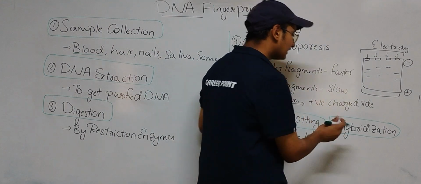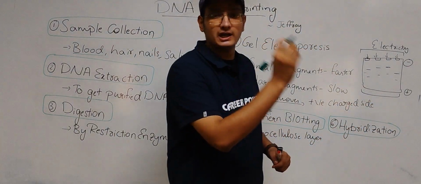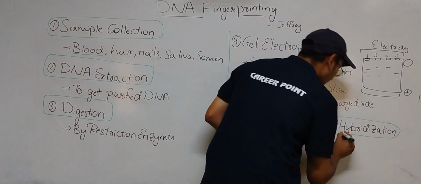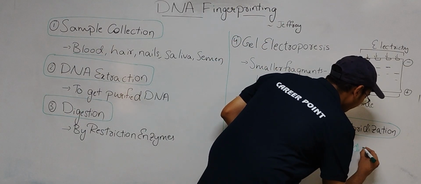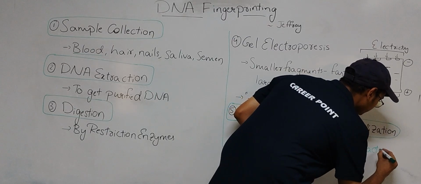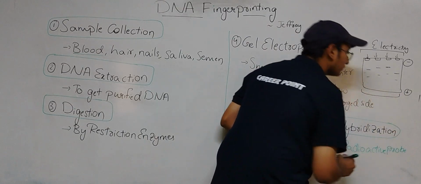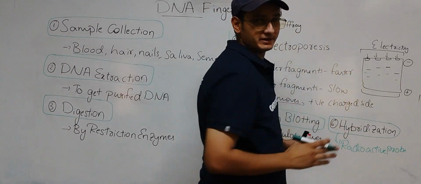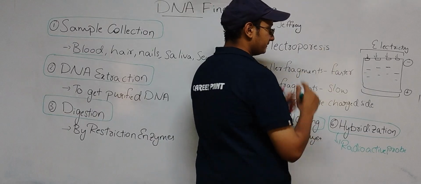So what we do is hybridization. We will add radioactive elements to it with the help of a radioactive probe, which is complementary to the fragment. So now we will add the radioactive probe to it.